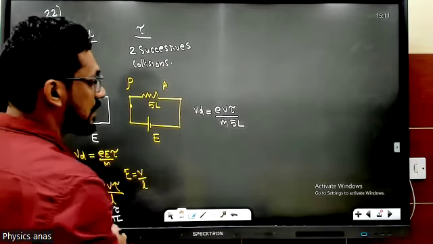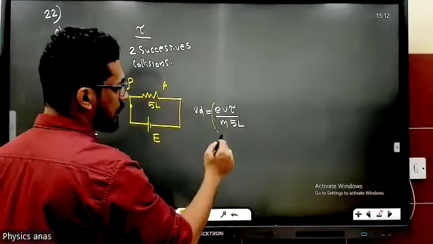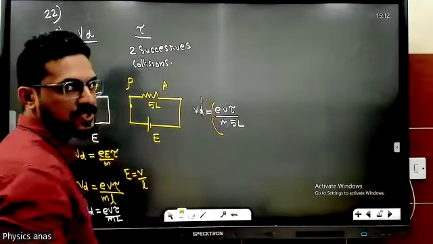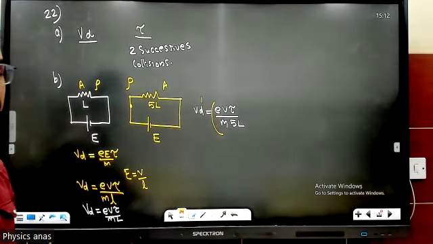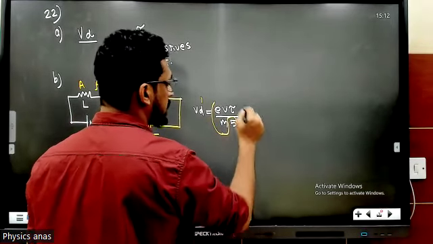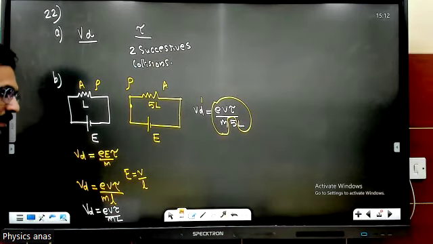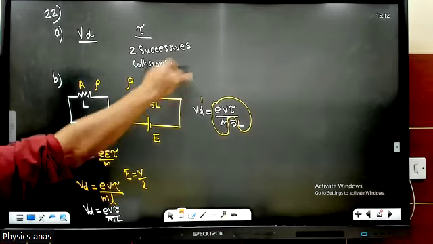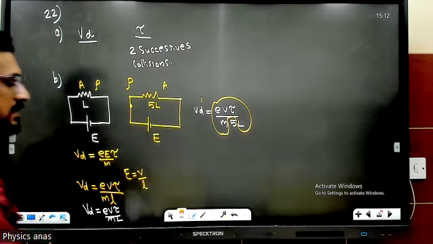Then what happens to it? You can see all these terms are the same, so the drift velocity has changed. I can write it as the new drift velocity v_d dash. Now this whole term is the previous drift velocity, eV tau by mL, that's the old drift velocity.